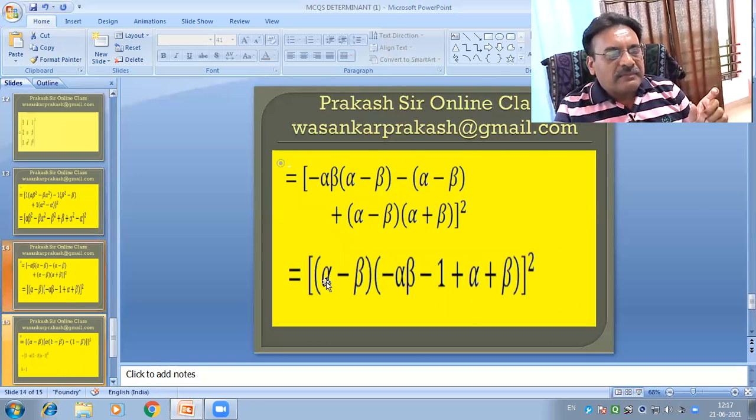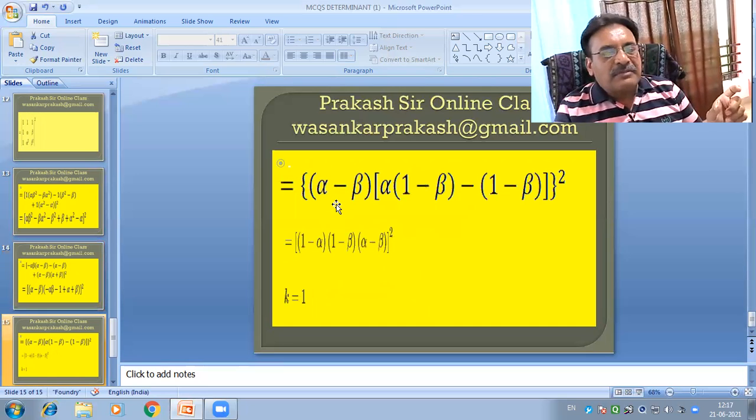Therefore, here again alpha minus beta as it is, and from this alpha take common, so we get 1 minus beta. Minus 1 plus beta can be written with the minus sign taken common as 1 minus beta. Therefore, we get alpha minus beta, alpha take common 1 minus beta. Then the minus sign taken common, so we get 1 minus beta.